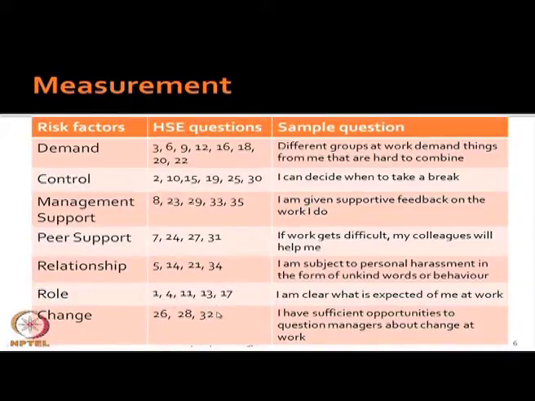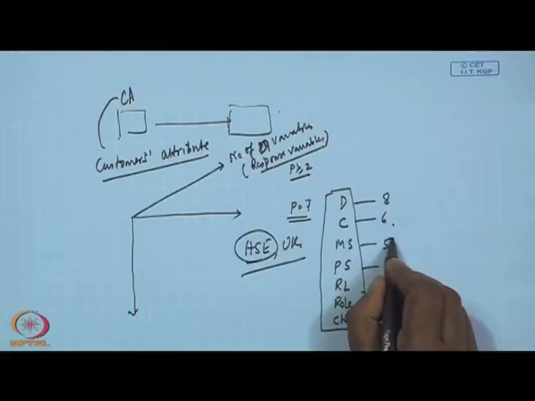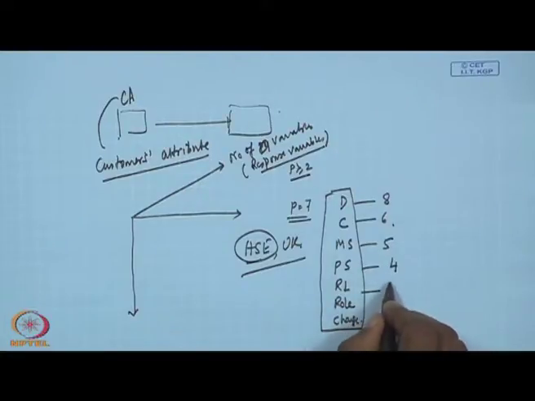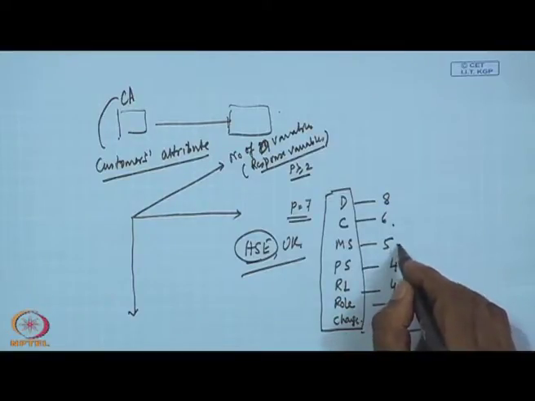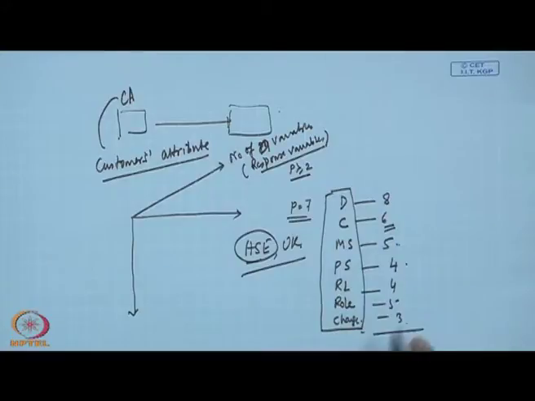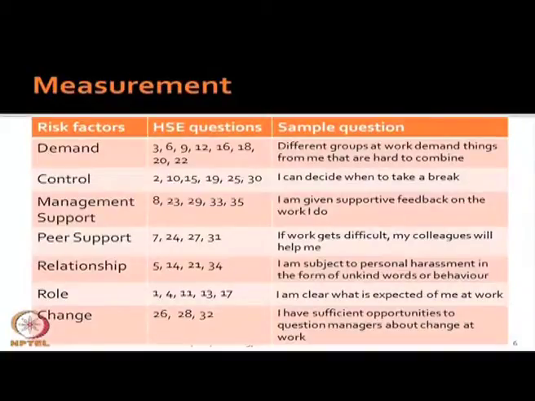In total there are 35 questions, I think: 8 plus 6 plus 5 plus 4 plus 4 plus 5 plus 3. So, 5 plus 8 is 13, 13 plus 8 is 21, 21 plus 6 is 27, plus 8 is 35 questions. So, 35 questions are used to measure the job stress suffered by different people at the organization.